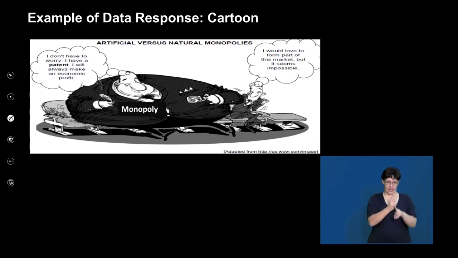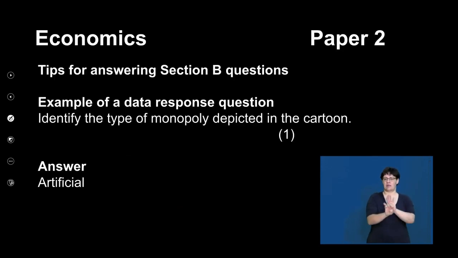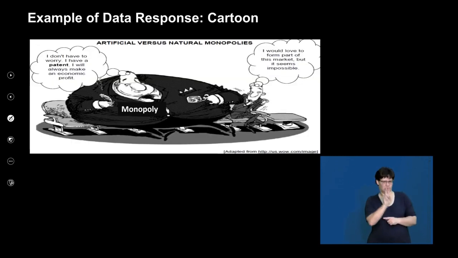There is our cartoon again. Let's look for an example. This is an example of a question. It says, identify the type of monopoly that is depicted in that cartoon there. Right, if we go back to the cartoon, what do we notice? The guy is saying, I don't have to worry. I've got a patent. I'll always make economic profit.